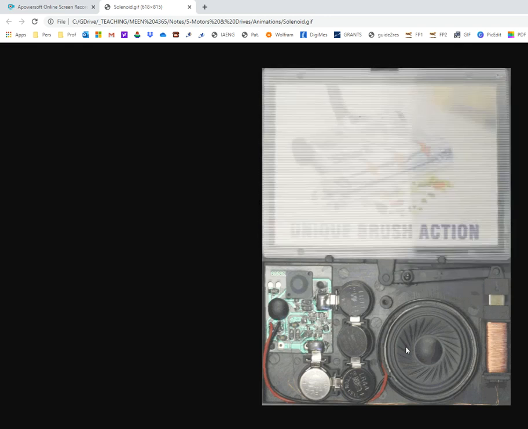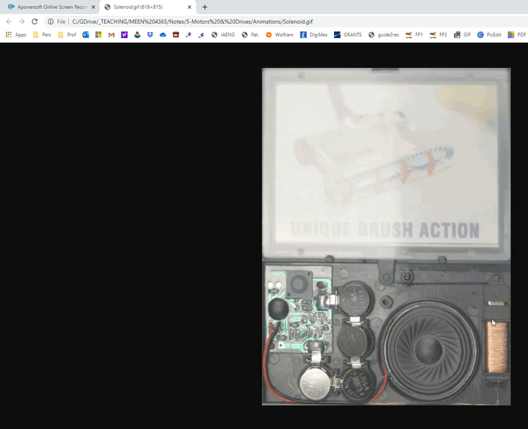I made an animated GIF for this, from an animated ad on a box of a corded floor sweeper from Shark, and you can see the solenoid.